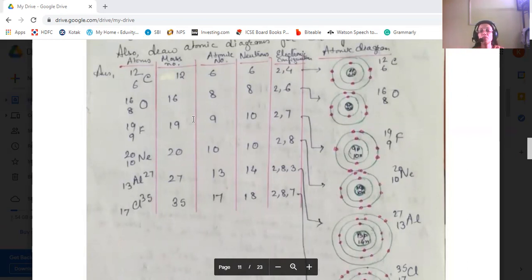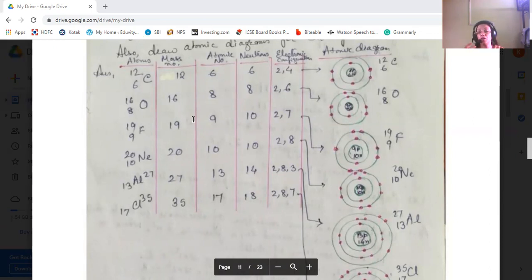Then neon, Ne: mass number is 20, atomic number 10, neutrons 10, 2 and 8. That means 2 electrons in the first shell, second shell 8 electrons. Okay. Then aluminium: 27 as the mass number, atomic number is 13, neutrons is 14, 2, 8 and 3.